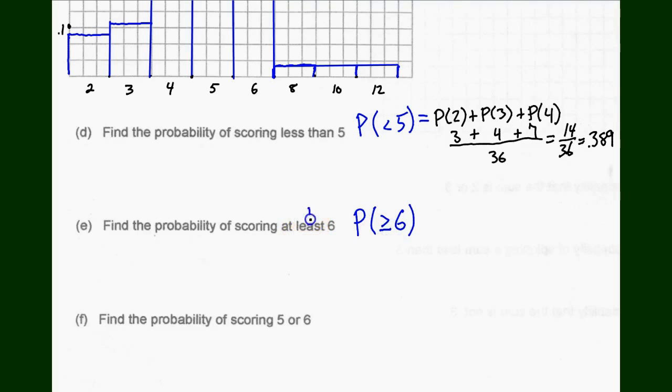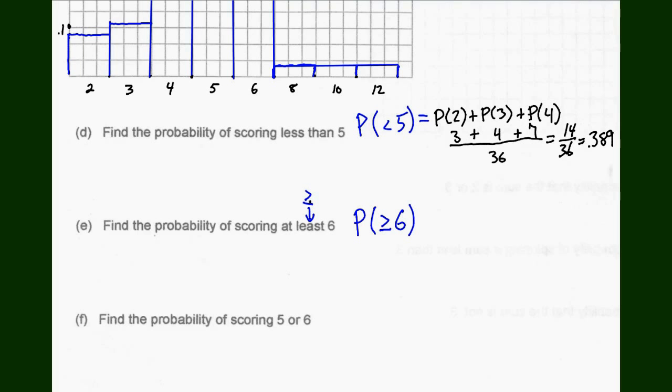We have to know that at least is greater than or equal to. Like if you ask somebody, can I borrow at least $20? It's $20 or more, right? Not just, if I say at least $20, doesn't mean more than $20. So sometimes the English language and knowing exactly what it means can be the difference of getting the math problem right or wrong. What if it said at most?